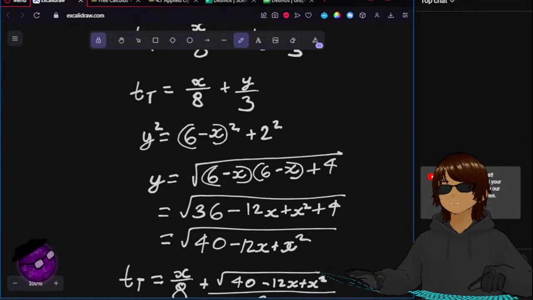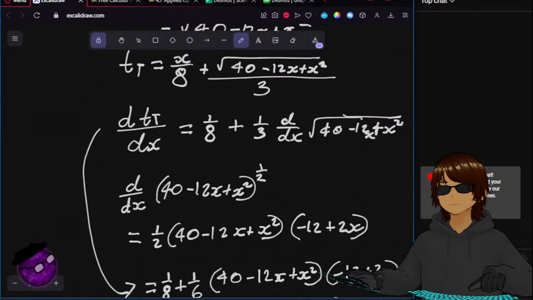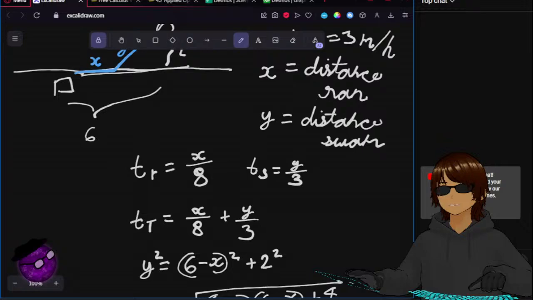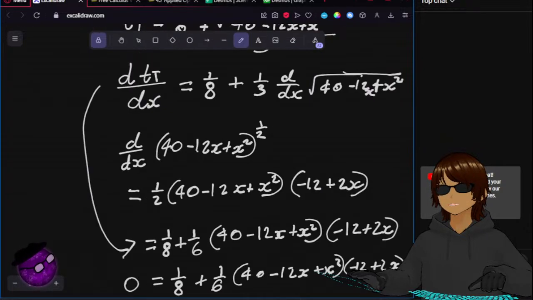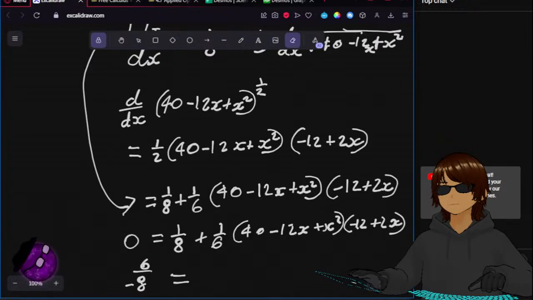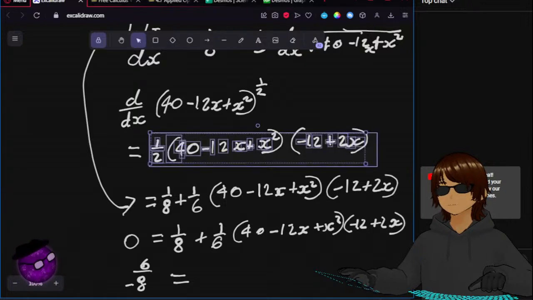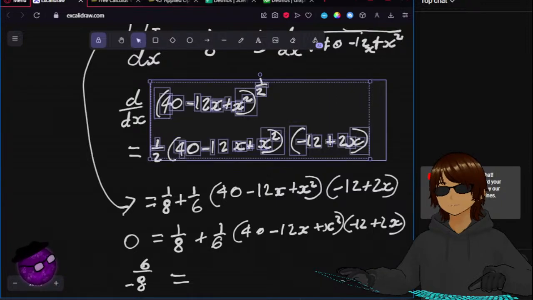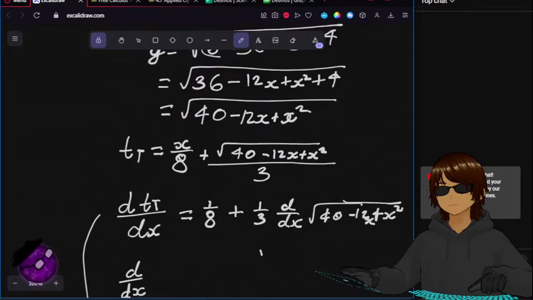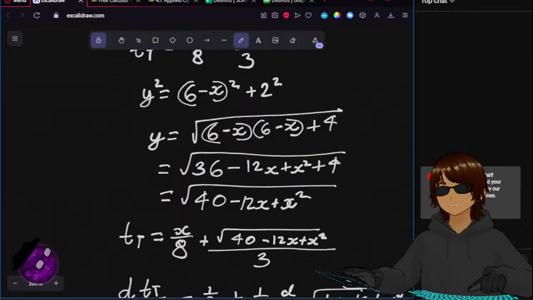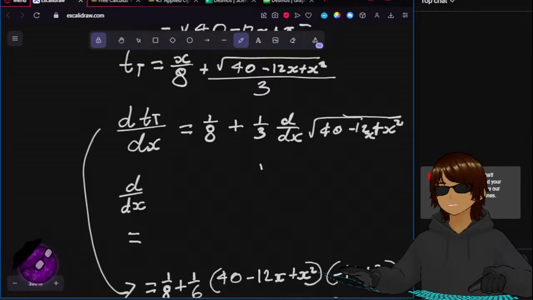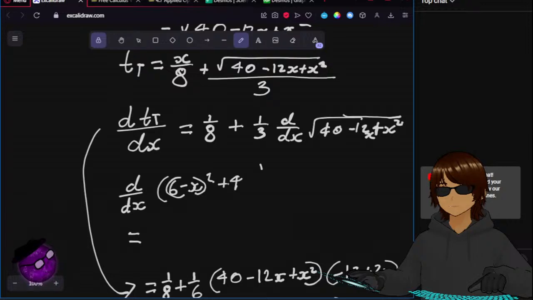I shouldn't have expanded 6 minus x. (6 minus x) squared plus 4. Derivative of that.